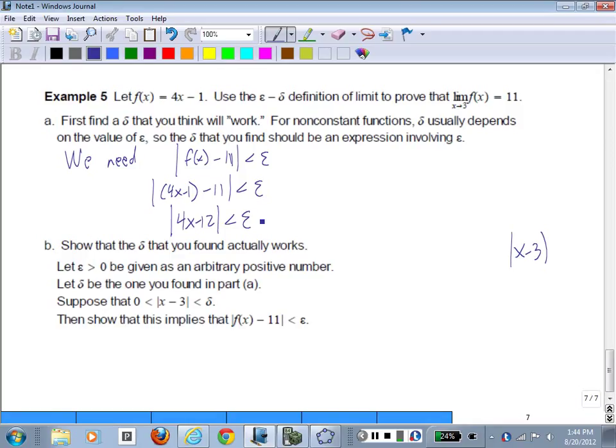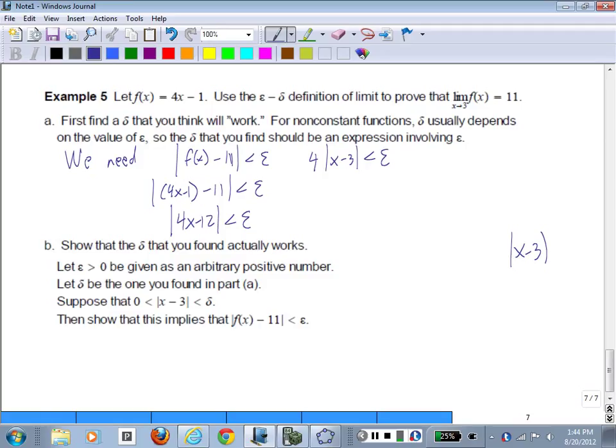Because 4 is positive, when we factor out the 4, we can bring the 4 out of the absolute value bars and write 4 times the absolute value of x minus 3 is less than epsilon. So if we can get there, I think we can find our way to the end.